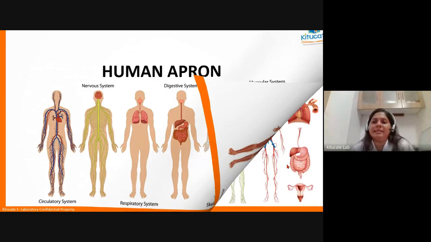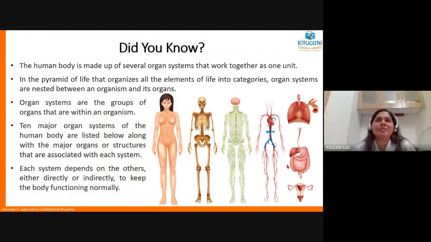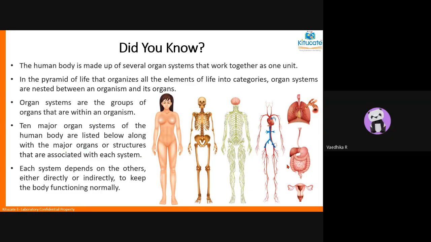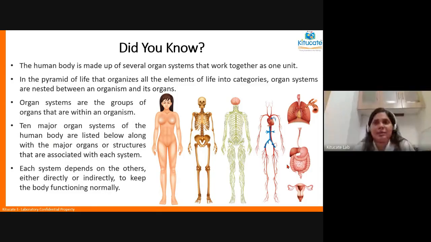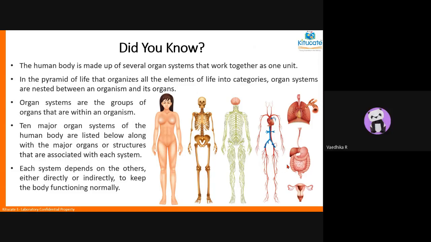As I said, the human body is made up of various organs. Do you all know what is the smallest entity in the human body, the smallest part of the human body? The cells. Okay, and what happens when we have a group of cells together? It forms tissues.